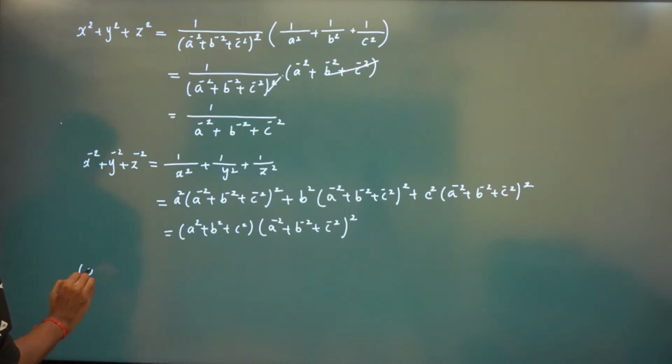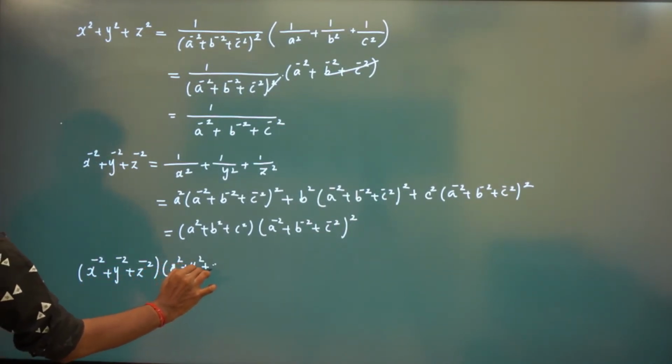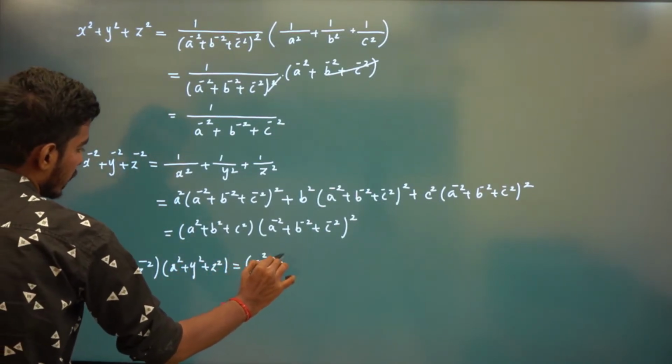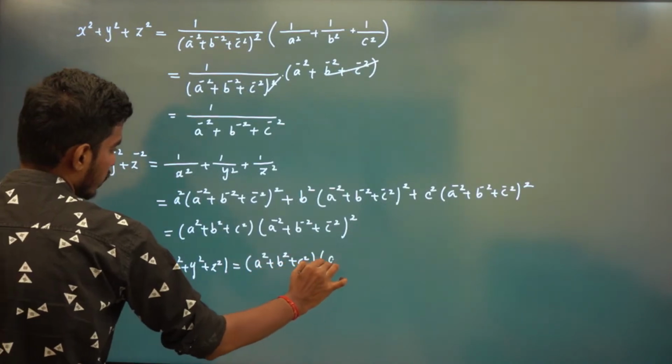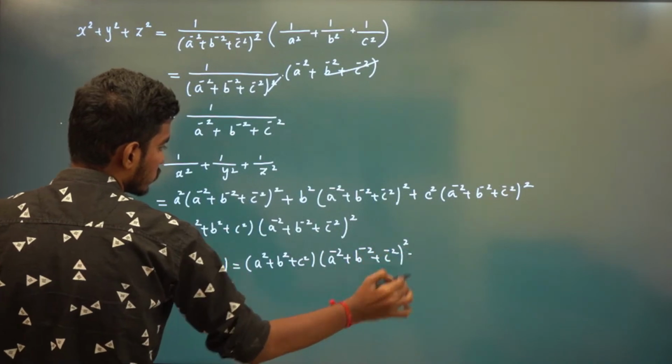So let us multiply x power minus 2 plus y power minus 2 plus z power minus 2 into x square plus y square plus z square. So this value is a square plus b square plus c square, a power minus 2, b power minus 2, c power minus 2 whole square.